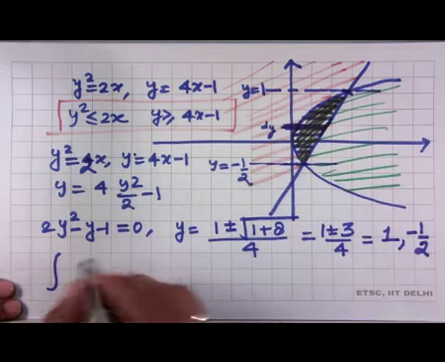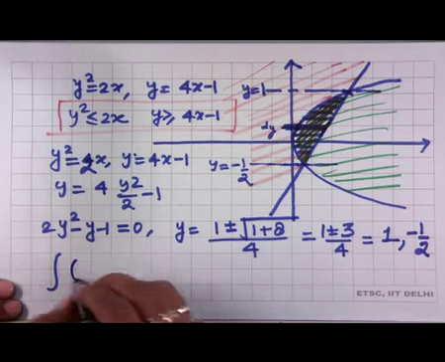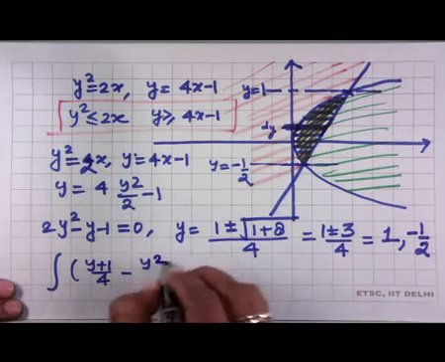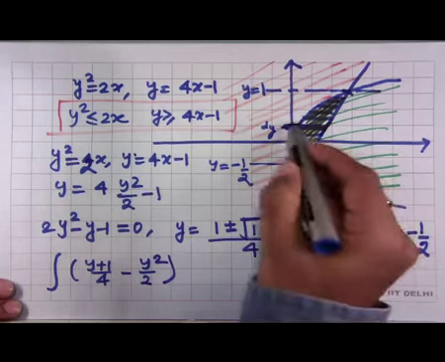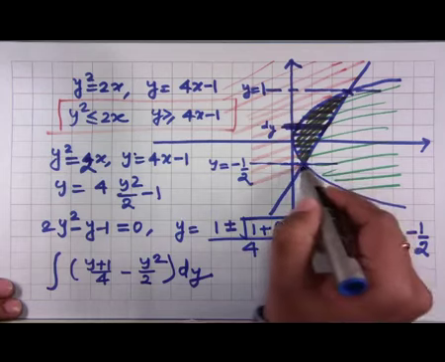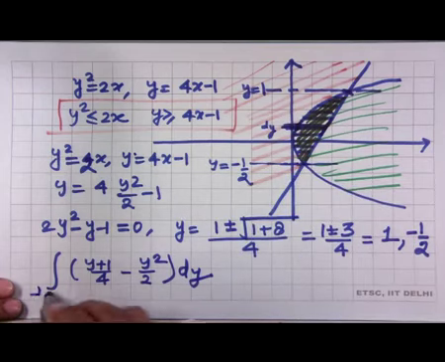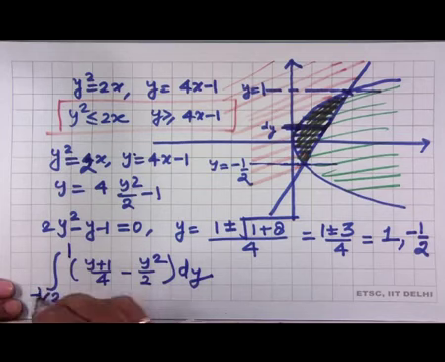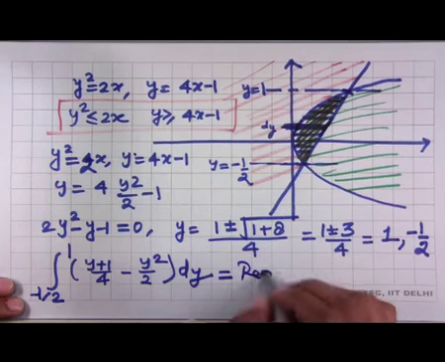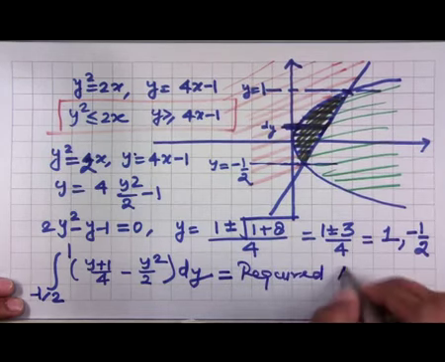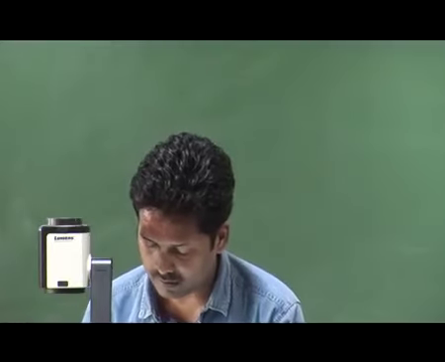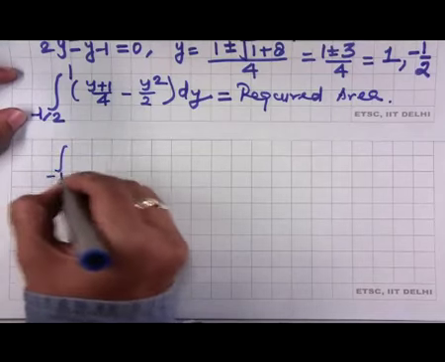So, the length of the strip is y plus 1 by 4 minus y square by 2, and dy is the width. So, this is your elementary area, and if you integrate it from minus half to 1, you get the required area. So, let us integrate this to find out the final required area.